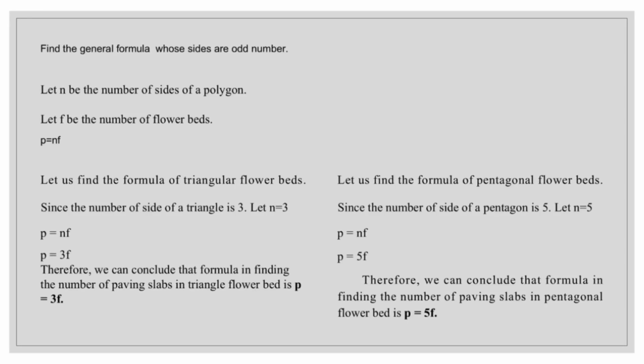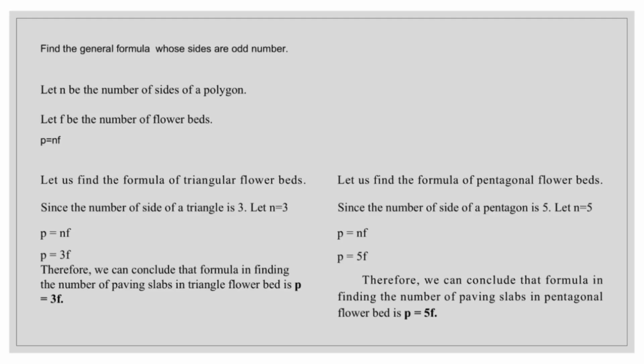Let us find the formula of a pentagonal flower beds. Since the number of sides of a pentagon is 5, let n is equal to 5. Then our general formula is P is equal to NF. P is equal to 5F. Therefore, we can conclude that the formula in finding the number of paving slabs in pentagonal flower bed is P is equal to 5F.